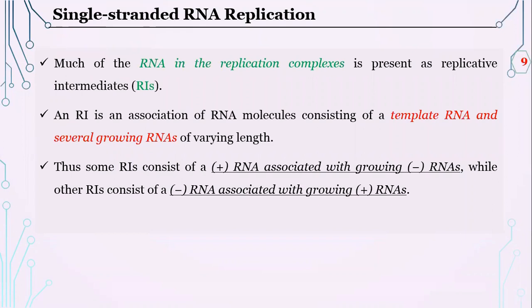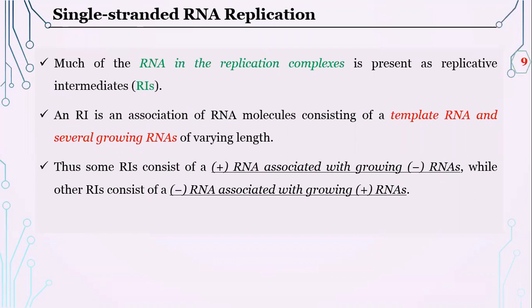Thus, some RNA intermediates consist of positive RNA associated with growing negative RNA, means the positive will be a template and the negative will be growing, and that status is known as replicating intermediate, while other replicating intermediates consist of negative RNA associated with growing positive sense RNAs. So both can happen and both will go side by side.